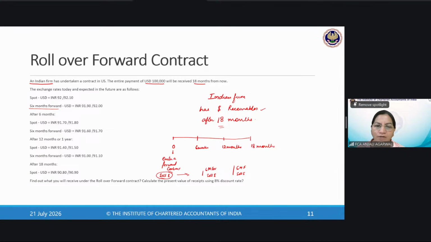This contract has to be cancelled. Okay. So how will you cancel it? Buy dollars in the spot. And how will you cancel this? This also gets cancelled when you buy the dollars in the spot.